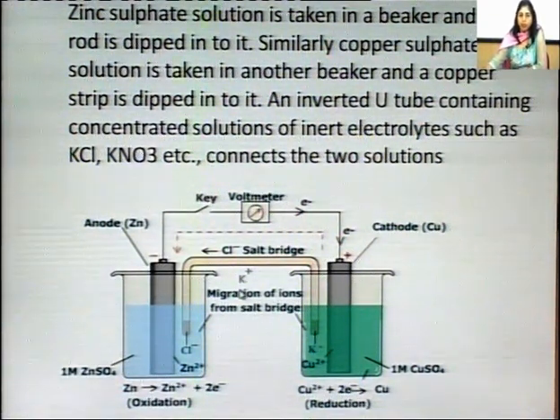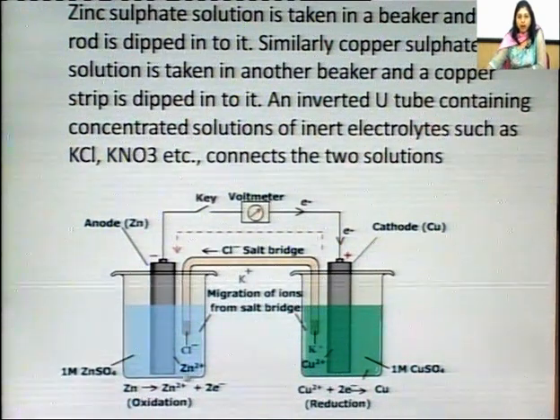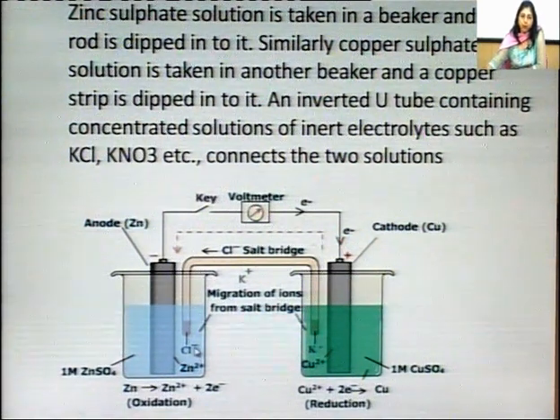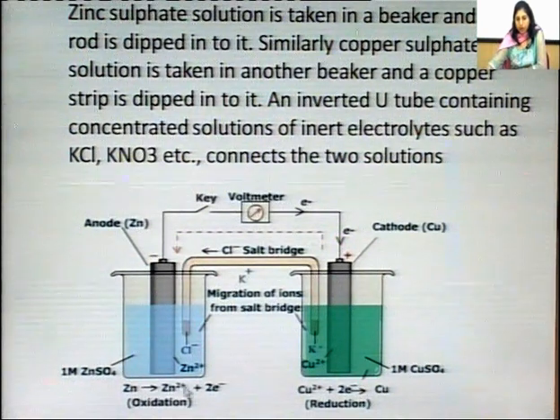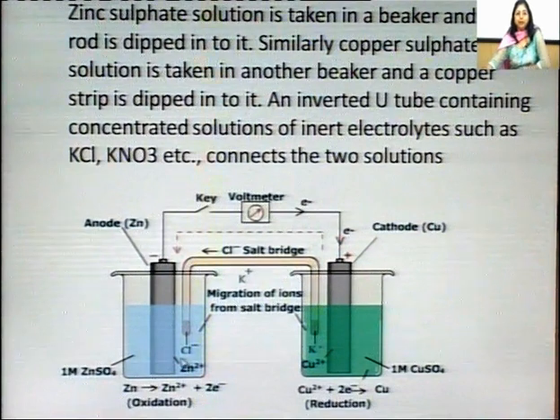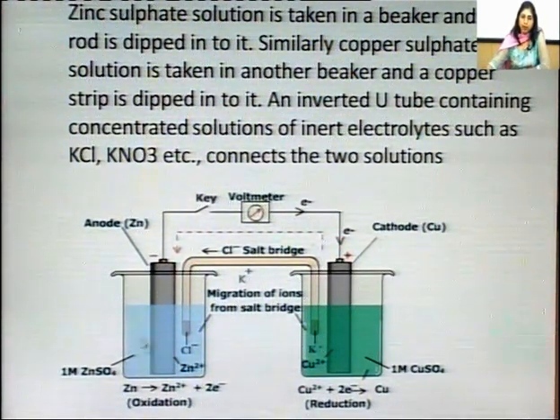Let us suppose it has KCl, that is potassium chloride. So, negatively charged chloride ions will move into this beaker so as to neutralize the excess positive charge, and one zinc ion will require two chloride ions for its neutralization. After the neutralization this cell will again start its working, meaning oxidation will start.